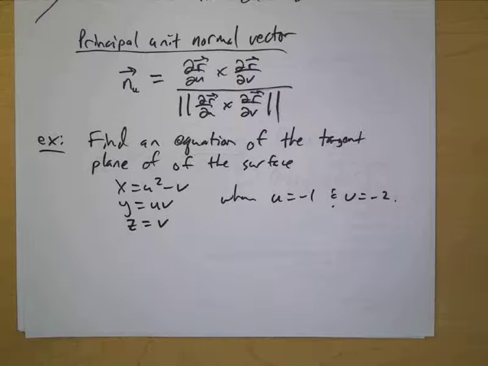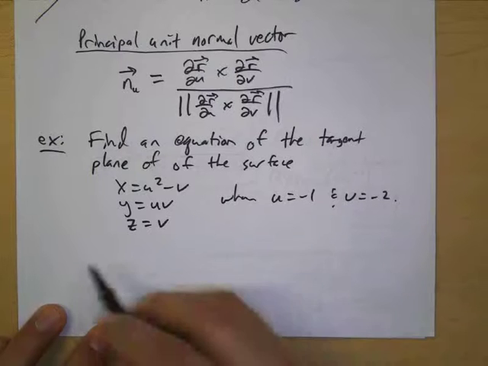Do you guys remember tangent plane equations? Hopefully. What do we need for a tangent plane equation? A normal vector and a point. Good. So, what do you want to find first?